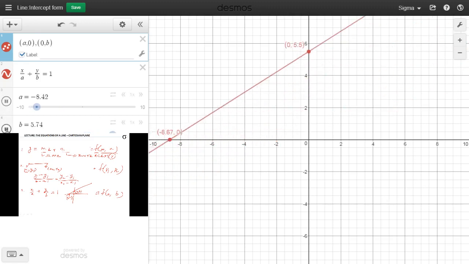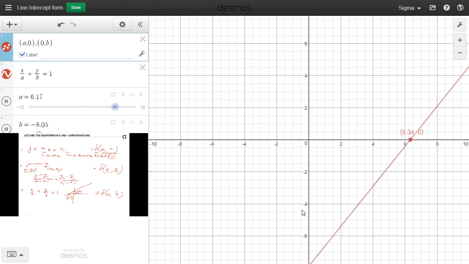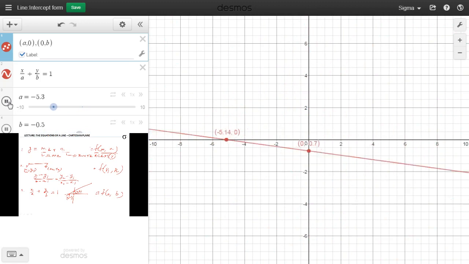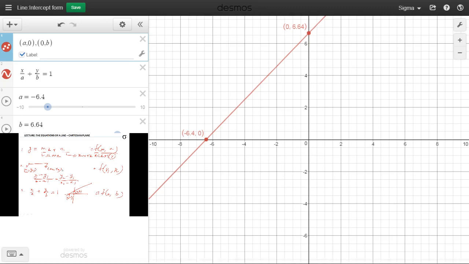Just run this here. Okay, this helps you see how the two intercepts completely define the line. I would encourage you to try this, graph it out for different values of m and c, and then again for various different point groups, and for the intercepts as well.